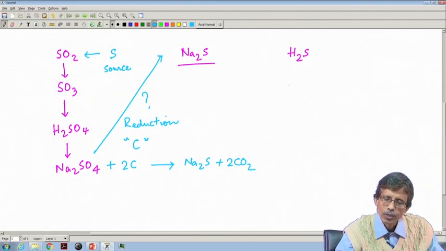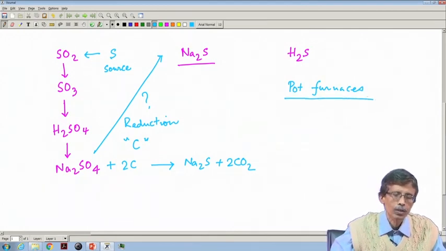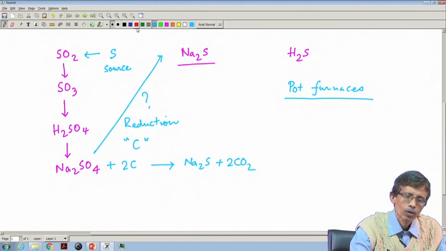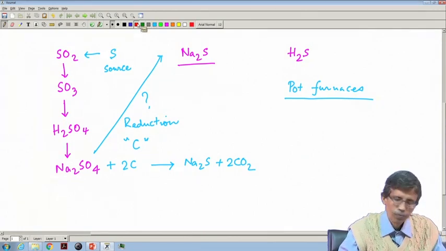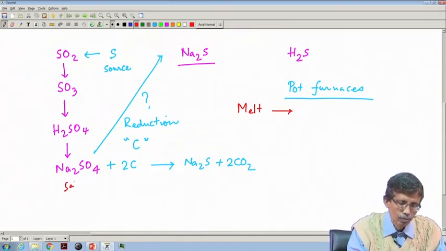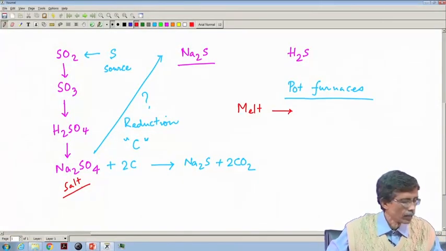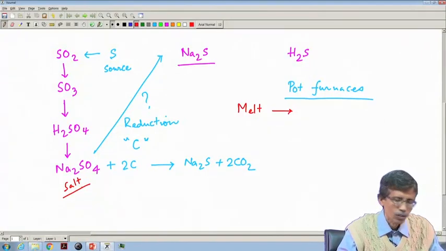What do we use? We use pot furnaces, your reaction chamber, for this particular procedure, where we get a melt, because this sodium sulphate is a salt. So, we have to make a paste, and that particular melt is mashed with water.